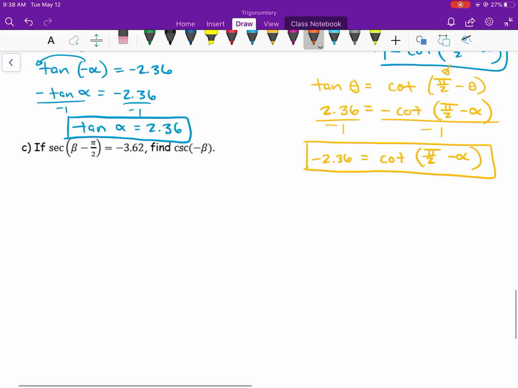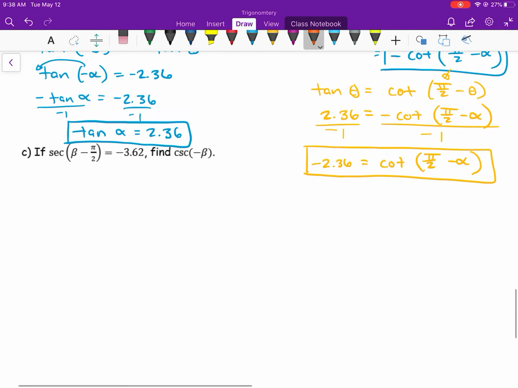Alright, for part C of the example, given secant of beta minus pi over 2 is equal to negative 3.62, find cosecant of negative beta. I'm going to rearrange that.